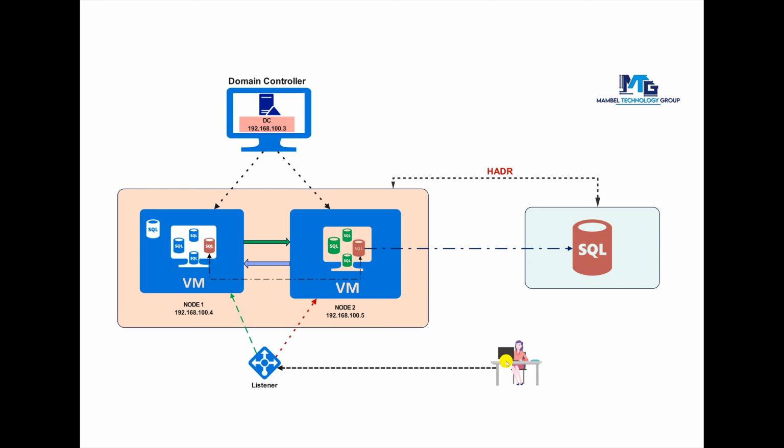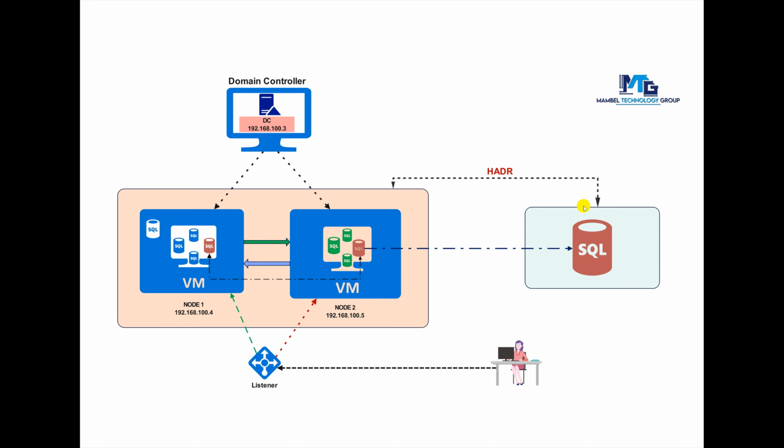So if you try to connect, the listener, knowing fully well that node 1 is the primary at this time, will route your write connections, if it's a write connection, to the primary. But if you've not also set up the read-only routing, then everything will probably be going to the primary, right? I hope this concept is very clear and is very straight to the point.